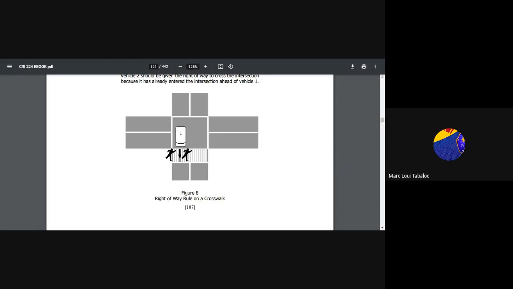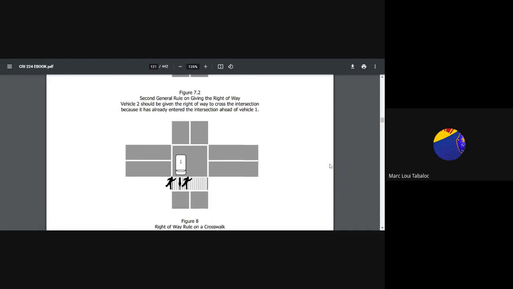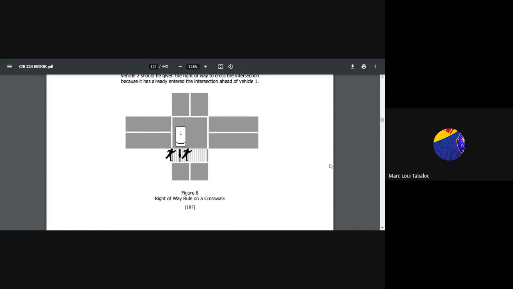In Figure 8, it says that when pedestrians are about to cross, always give the right of way to them. But if there is a traffic light and it does not allow the pedestrians to cross on the crosswalk, of course, the vehicle would have the right of way.